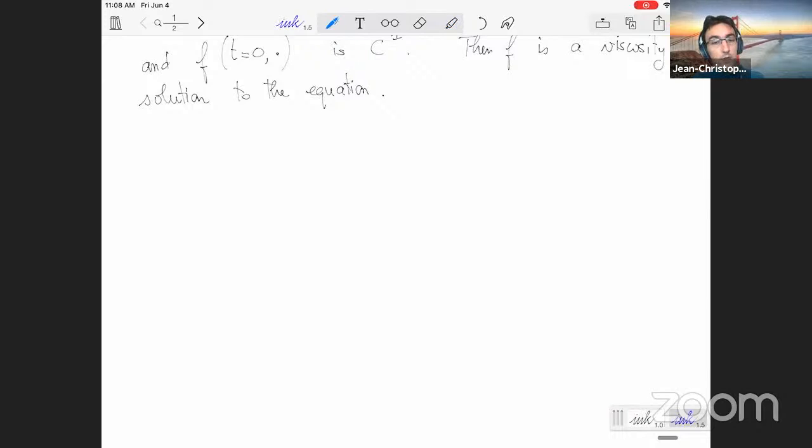So let me start by massaging a little bit this statement so that it's going to be more convenient for us to use it. So I'm going to write a corollary, which, as we'll see, follows relatively directly from the theorem.